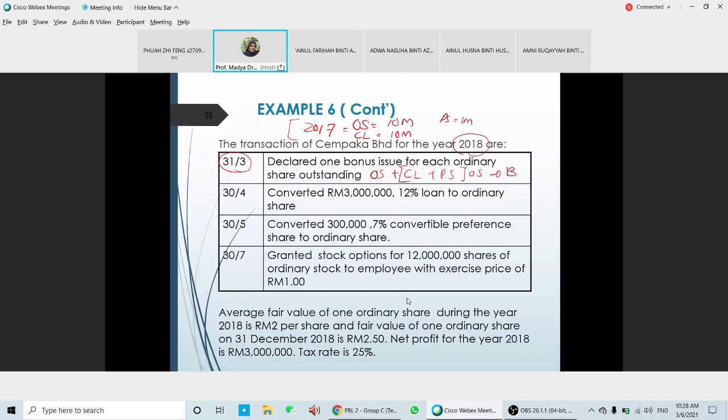So once you convert your convertible loan and preference shares, both are entitled to a bonus, because they already existed in the year 2017. The bonus was declared in the year 2018.